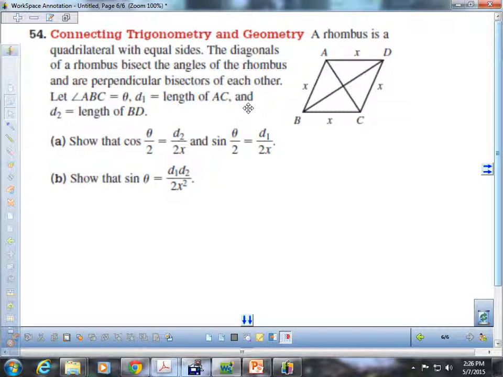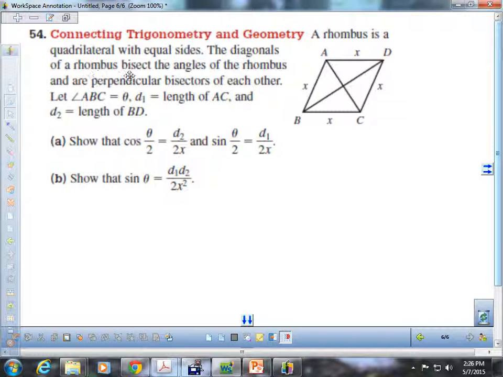A kite could or could not be. Diamonds, same as well. They could or could not be a rhombus. But what is definitely a rhombus? A square. A square is definitely a rhombus, right? Because it's an equilateral quadrilateral. So a rhombus is equilateral. It just might not have all 4 angles being right angles. Okay, it's a square that got tipped over. A rhombus is a quadrilateral with equal sides.